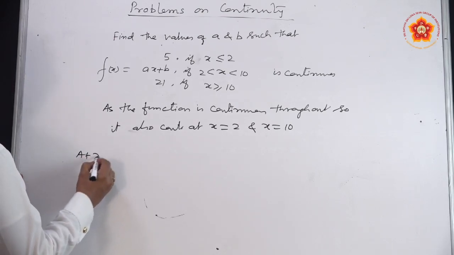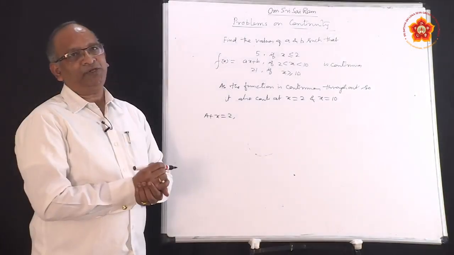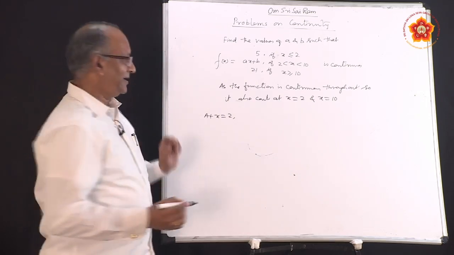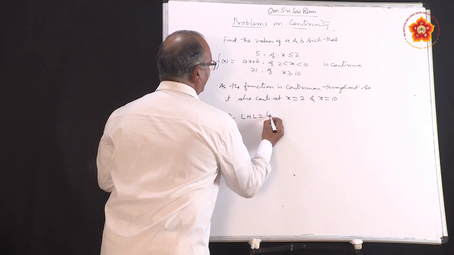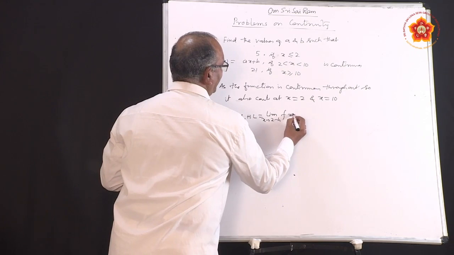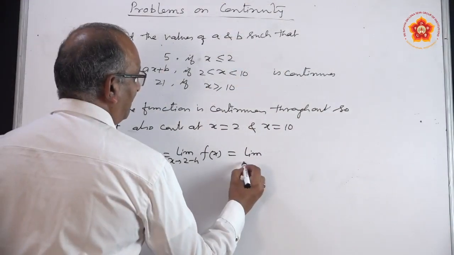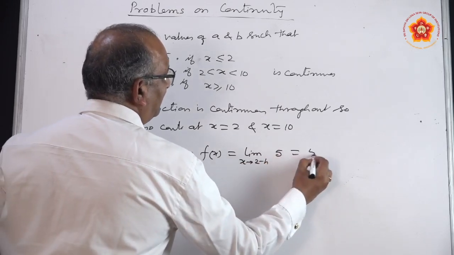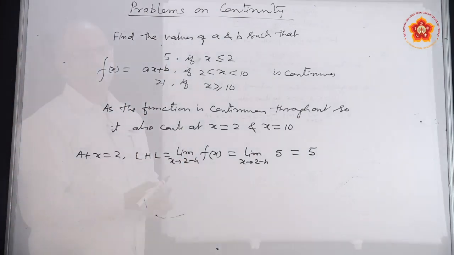So write first at x equal to 2. How do you conclude that it is continuous at x equal to 2? The left hand limit will be equal to the right hand limit. So find out the left hand limit, limit x tending to 2 minus h of f(x). If it is less than 2, the function is 5. So its value will remain 5, because it is a constant function, it does not depend upon anything else.